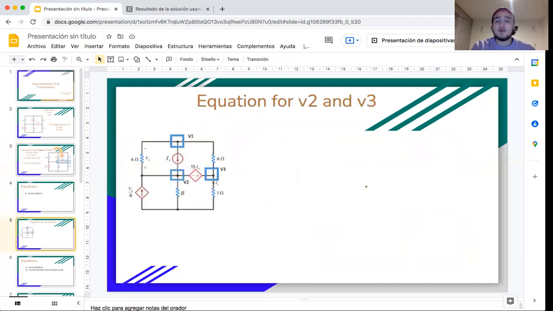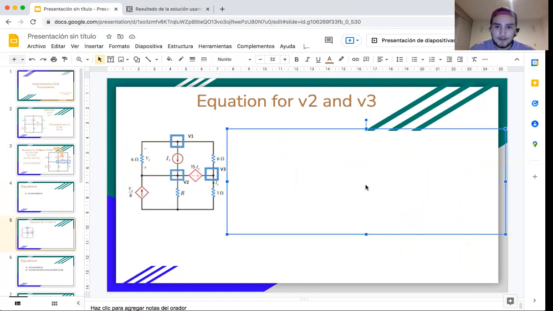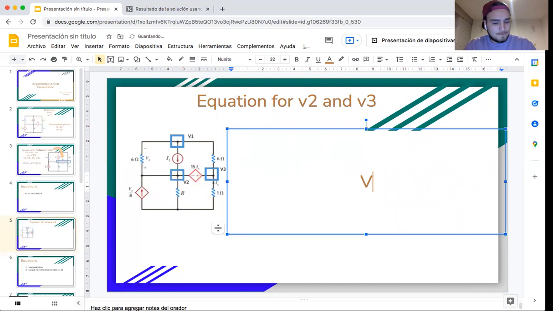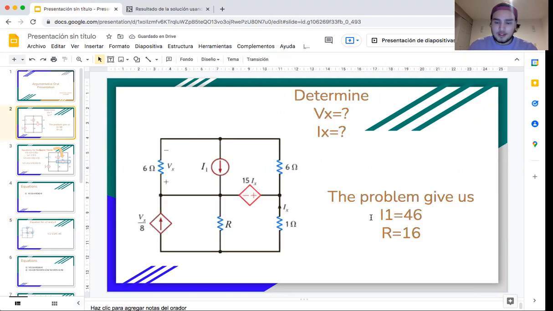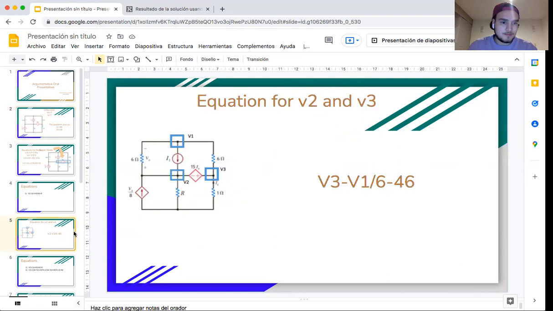Now we need to have the equation for V2 and V3 for having V1. So we have the nodes V2, V3, and V1, and we are going to have this equation that is V2 minus V1 divided by 6, that is the ohms, 6 ohms, minus 46. Now this 46, we have it right here in the I1 that the problem gives us.